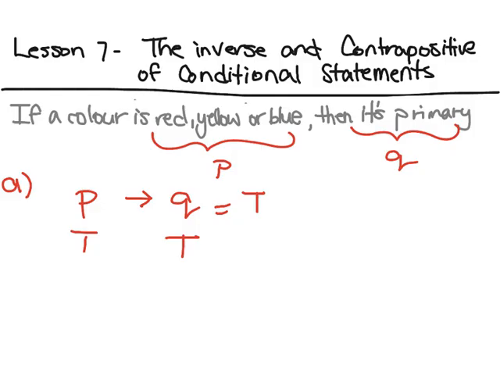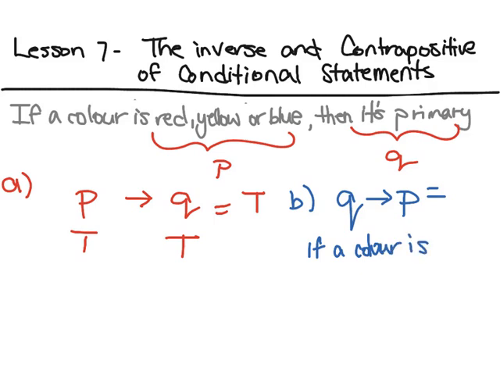B is our converse. So we do Q, then P. So if a color is primary, so we should write this out. If a color is primary, then it is red, yellow, or blue.